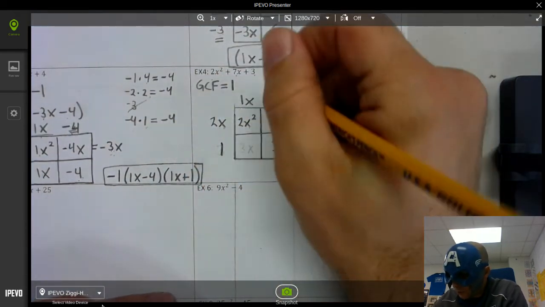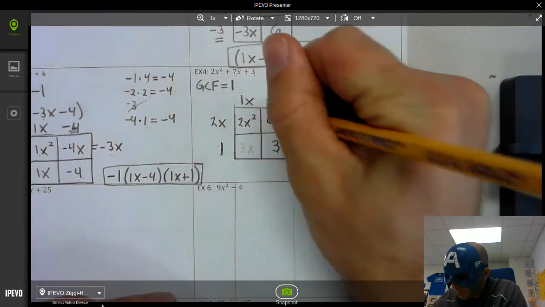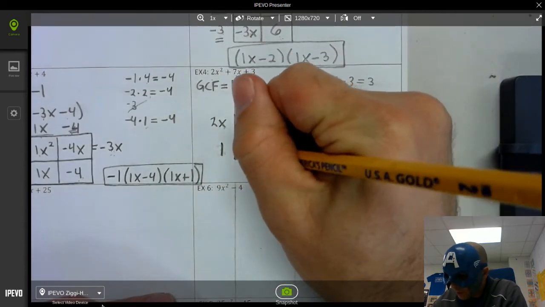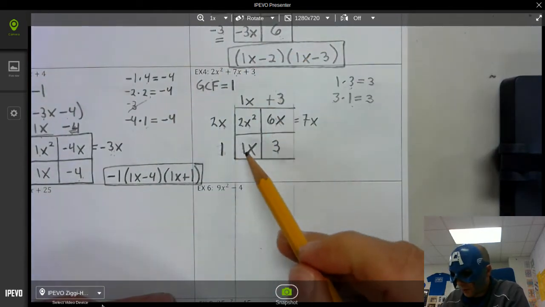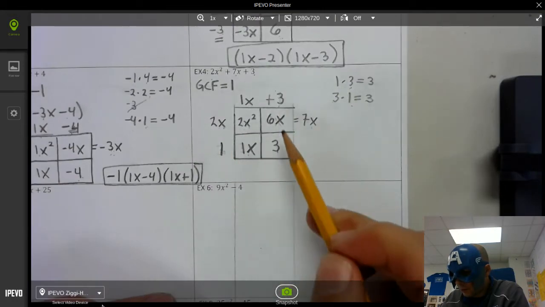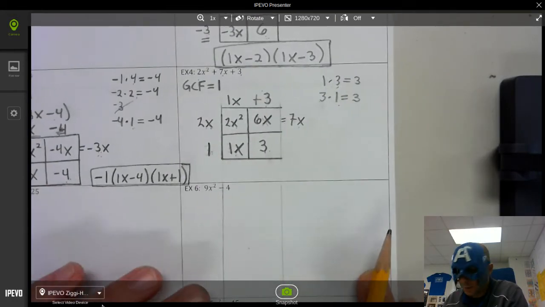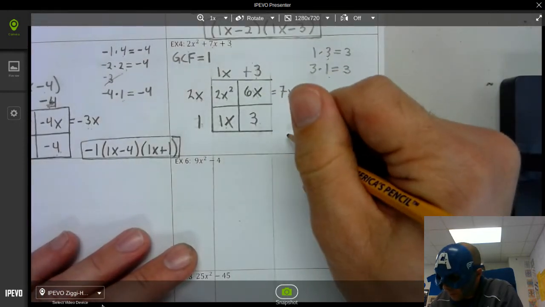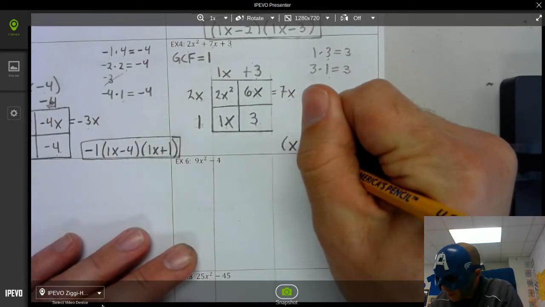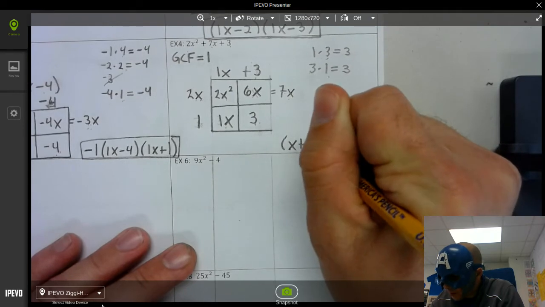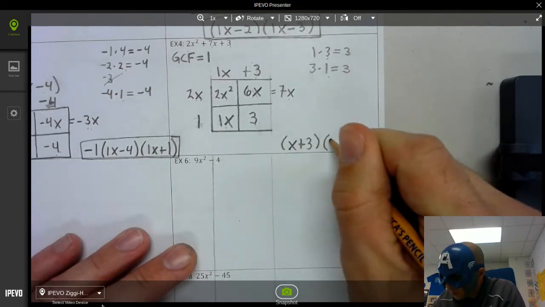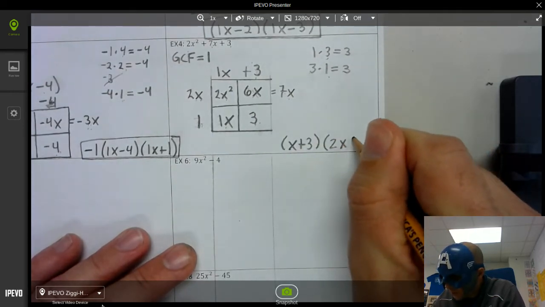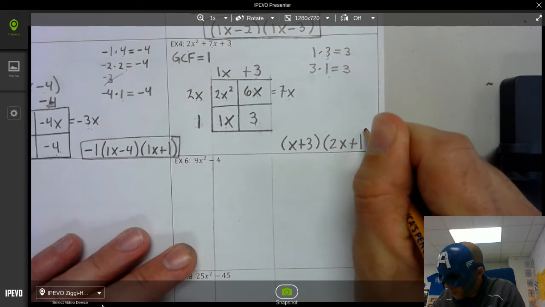So 2x times 3x is 6x. 1x times 1x is 1x. 6x and 1x combine to be 7x. 1 times 3 is 3. So we now know it is factored. So we have 1x plus 3 times 2x plus 1.